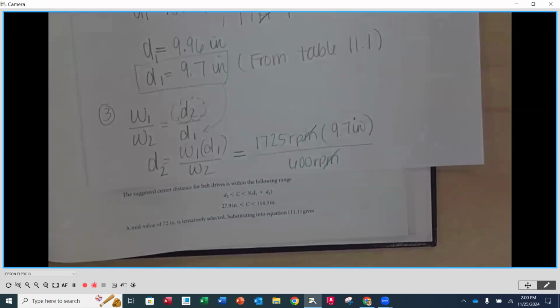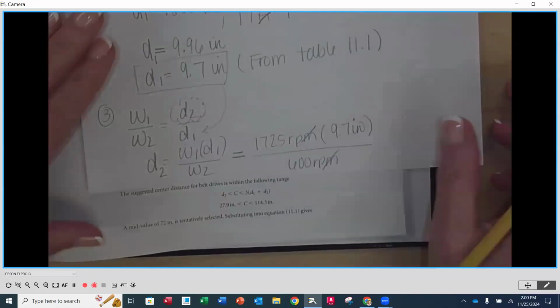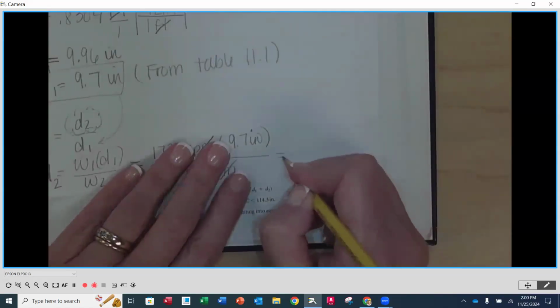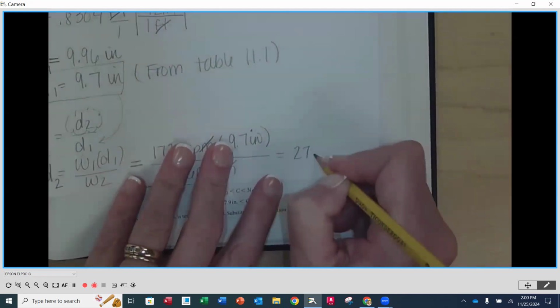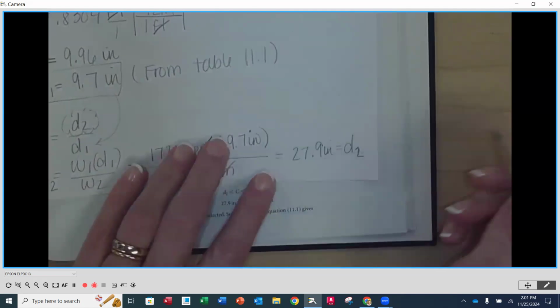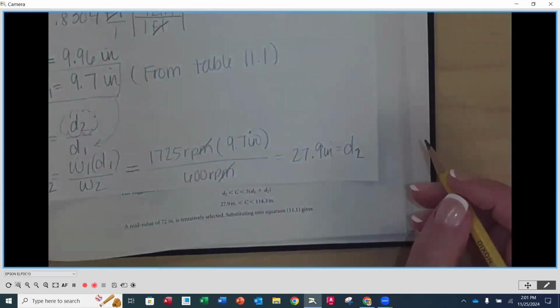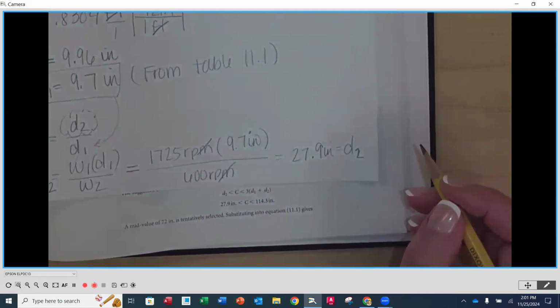So go ahead and find out what you think your number should be to obtain this ratio. Did you get a value of about 27.9 inches?